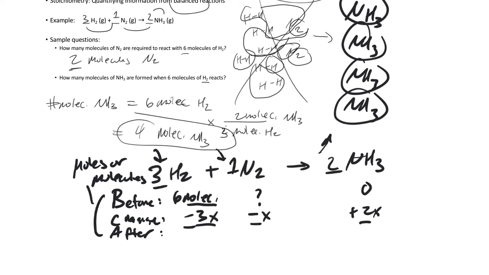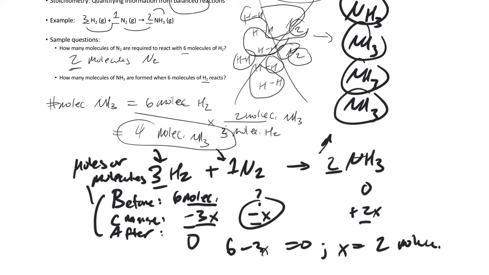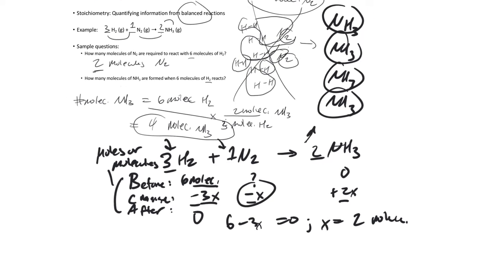And so then, if I'm obviously consuming hydrogen, I'm consuming all of the H2 down to nothing. So you can see here that 6 minus 3x is equal to 0. X would be equal to 2 molecules. And so that's how we're losing minus x, minus 2 molecules of N2.